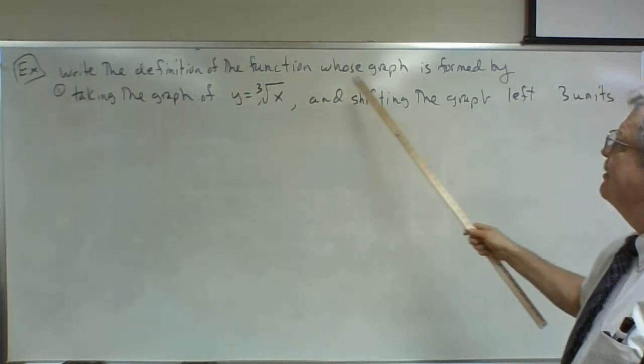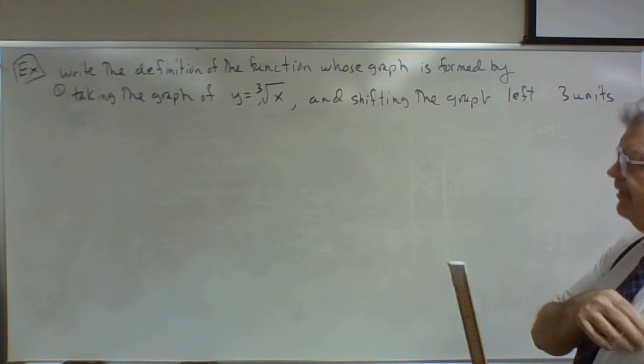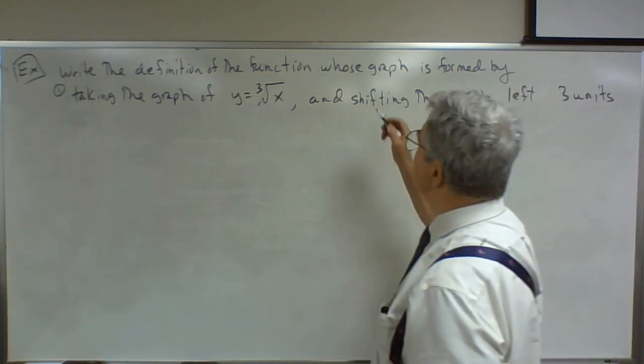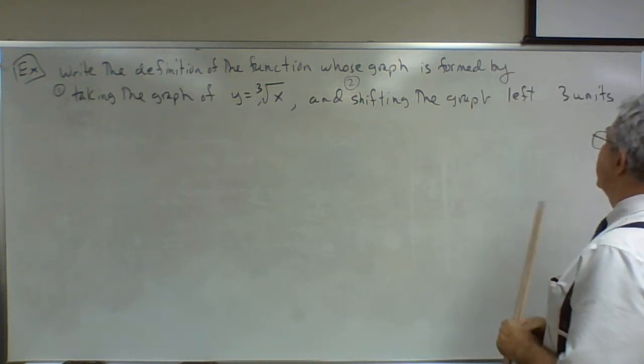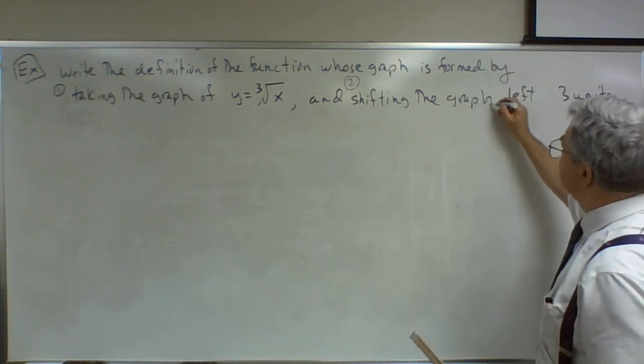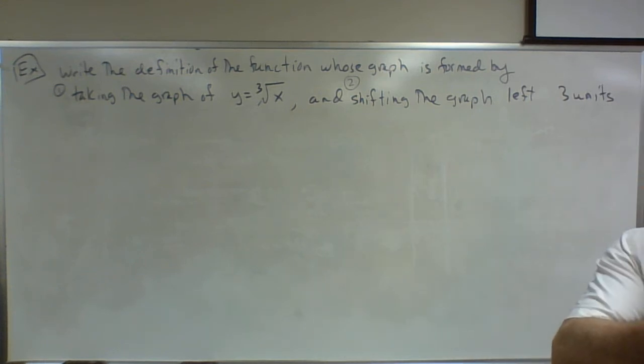Write the definition of the function whose graph is formed by 1, taking the graph of y equals cube root of x, and 2, shifting the graph left 3 units. So here's what we do.